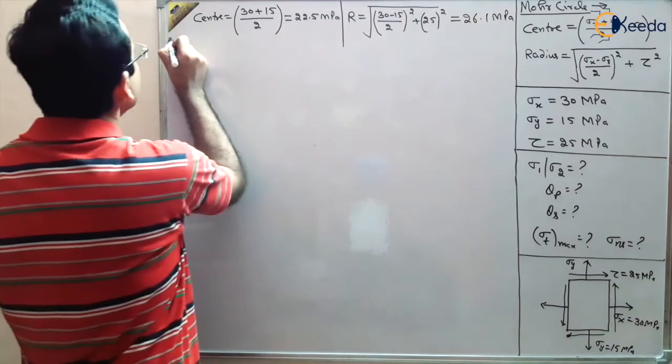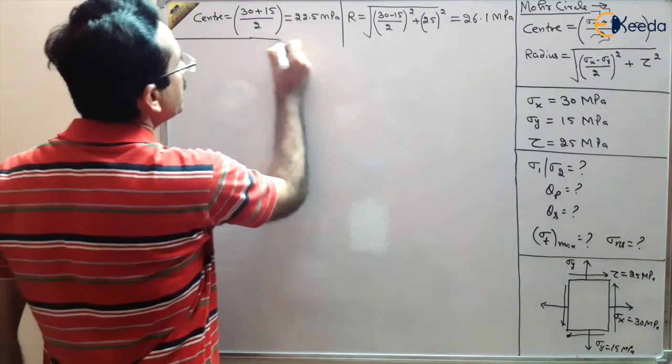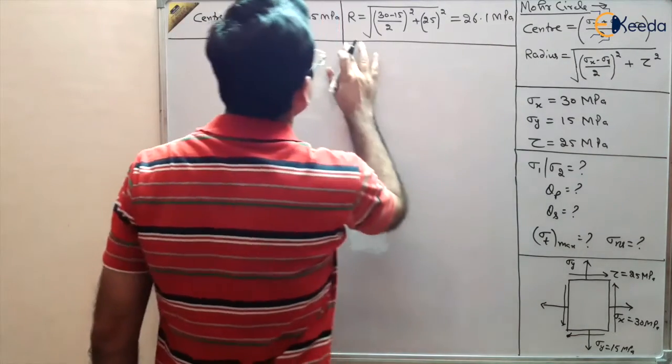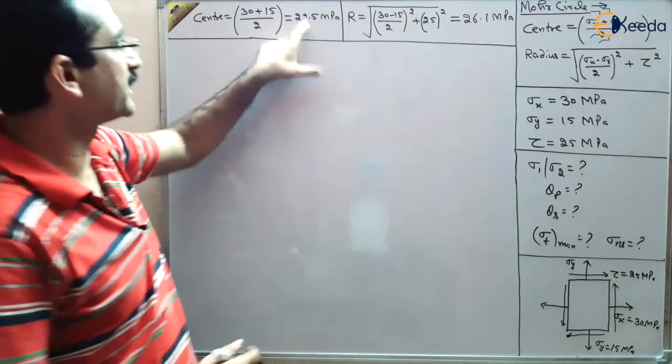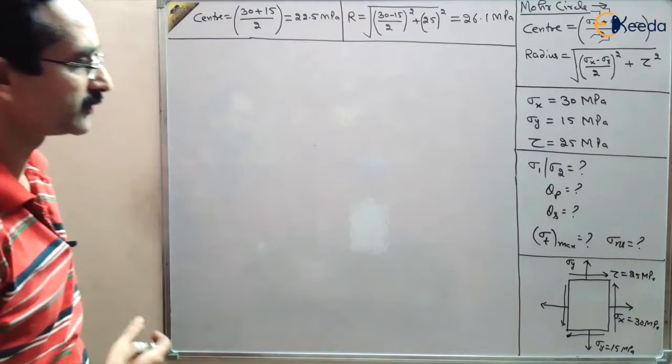So this is our center and radius, which will be used for making the Mohr circle. So first of all, find center and then radius. Now draw the Mohr circle.